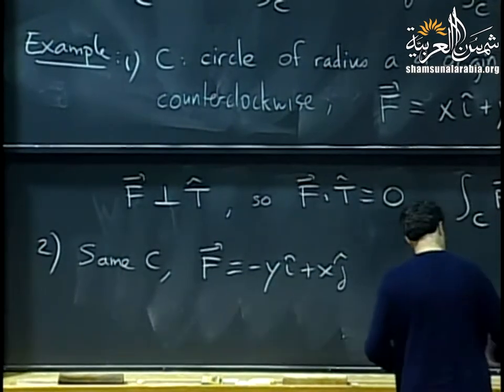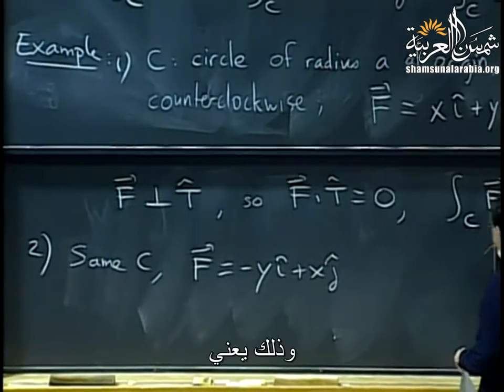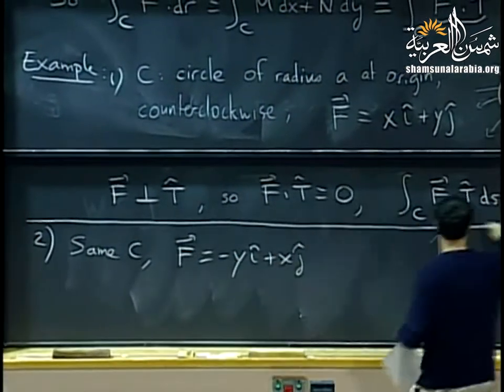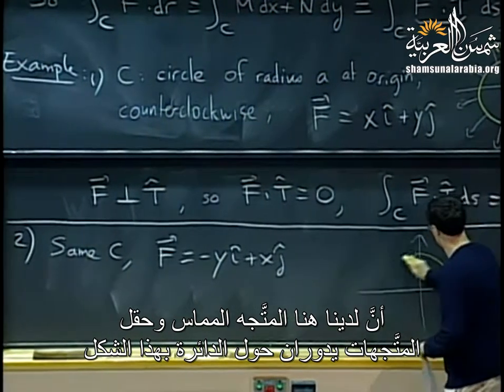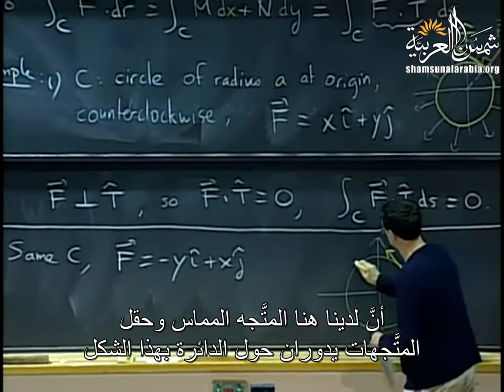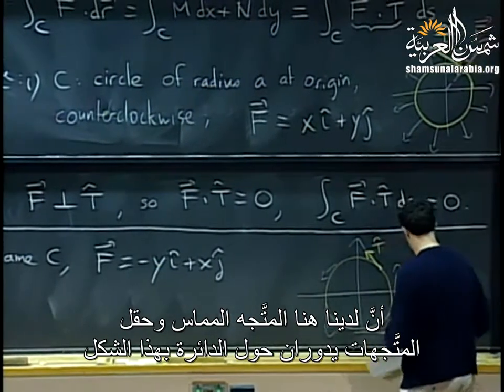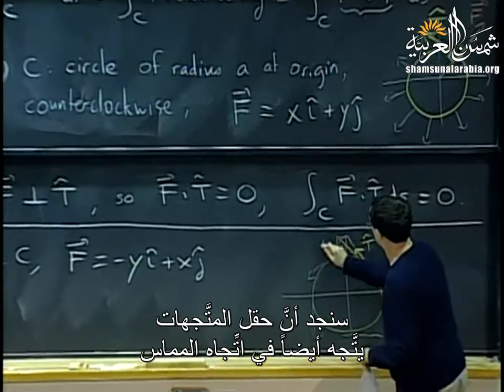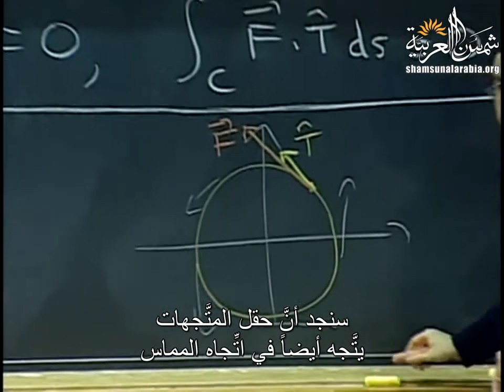Okay, so that means along my circle, the tangent vector goes like this, and my vector field is also going around. So in fact, at this point, the vector field will also be going in the same direction.